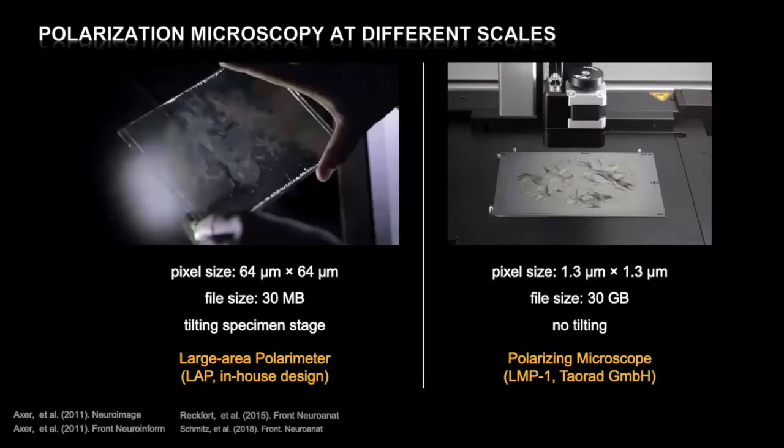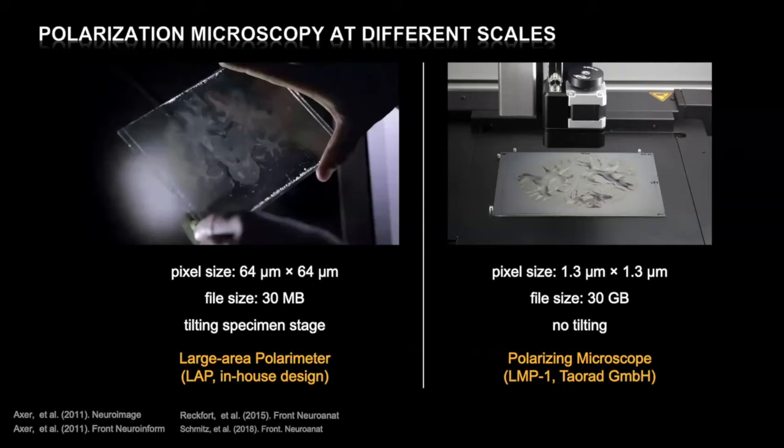We have developed a couple of devices over the last 15 years, and two of those survived in the end and currently build the routine equipment. The first one we call large area polarimeter, or short LAP, which is an in-house design.